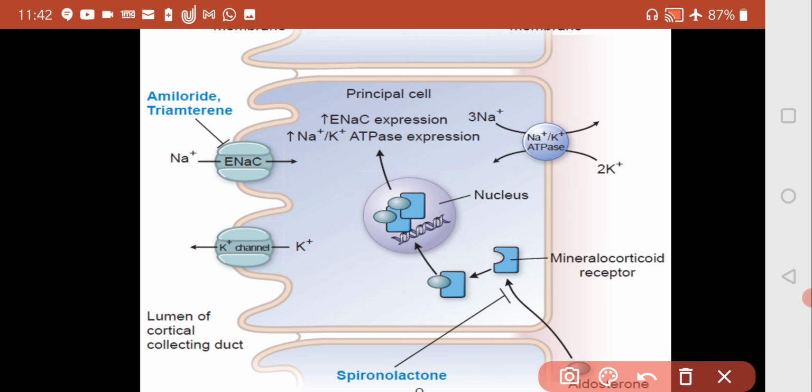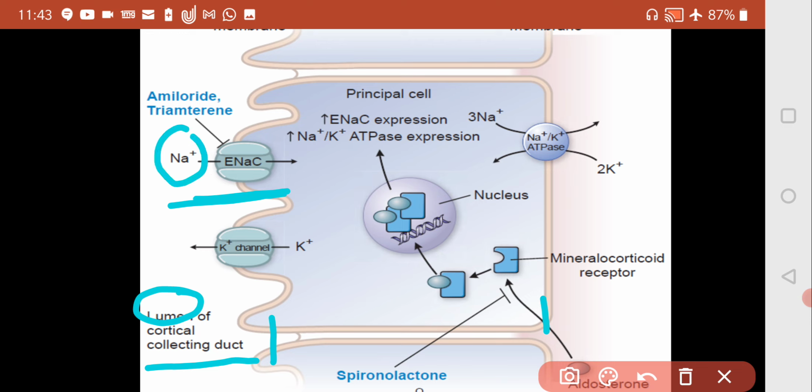It's a collecting duct, lumen side. Okay, apical membrane. This is the basolateral membrane. Normally there is a sodium channel, the epithelial sodium channel. It takes the sodium from the lumen inside the cells, and there is no chloride channel or HCO3 minus here.